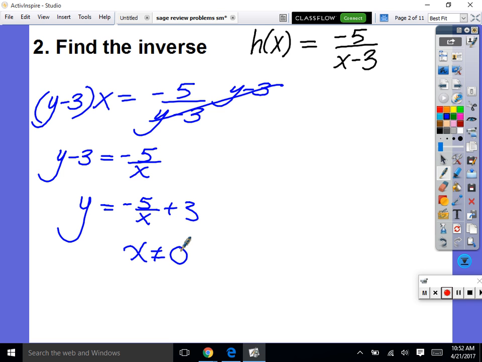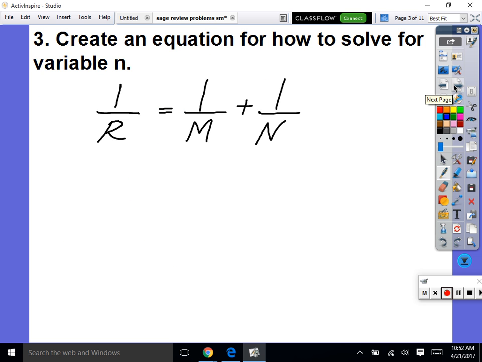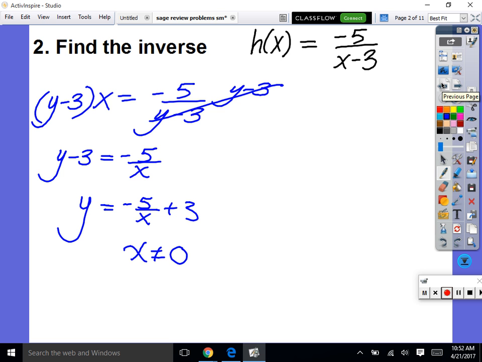I think we just only state this one's restriction. Well, I don't know. Let's think about it. We definitely know that we're not going to have an x value of 3 here, right? So the restriction up here is, yeah, x cannot be 3.